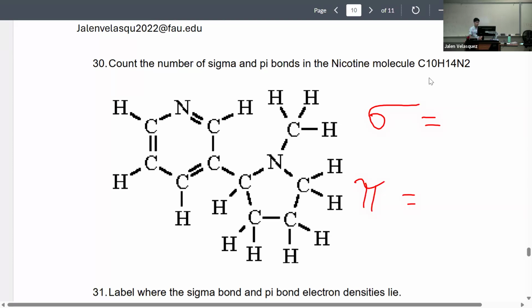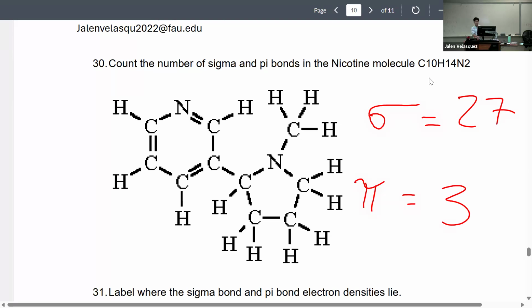All right, so how many sigma bonds does this molecule have? 27. How many pi bonds do we have? 3.